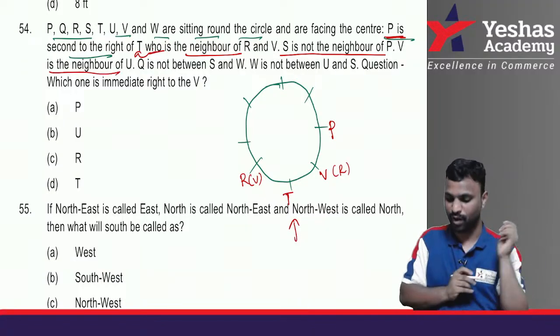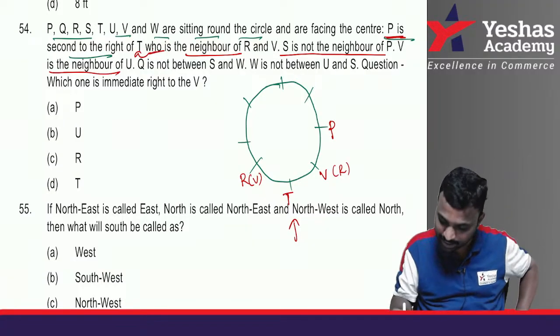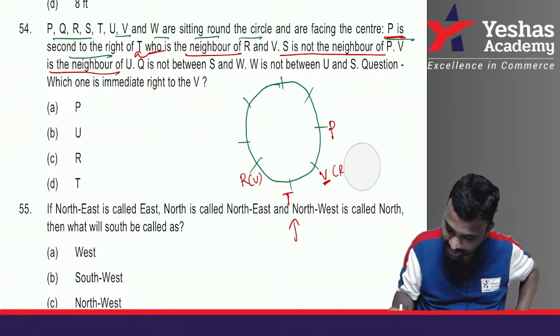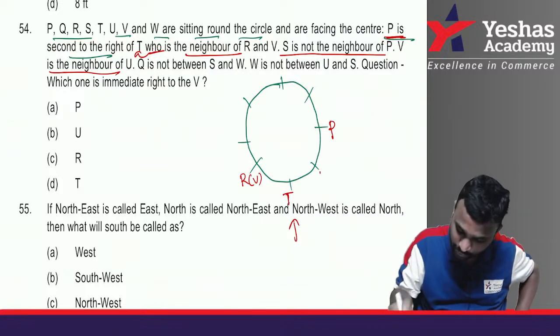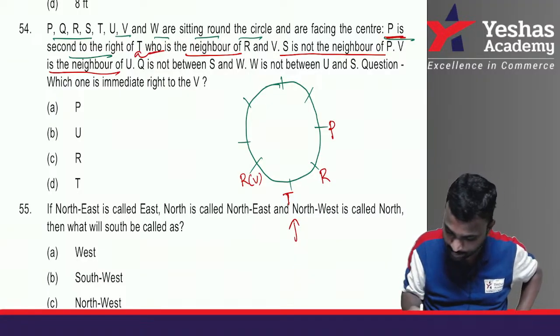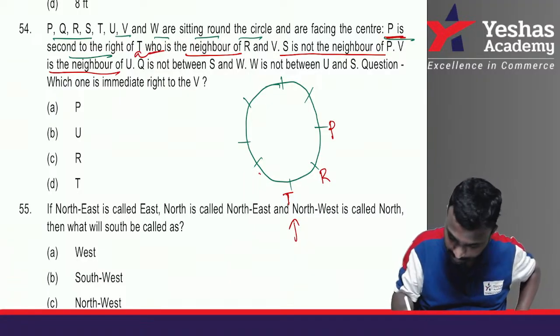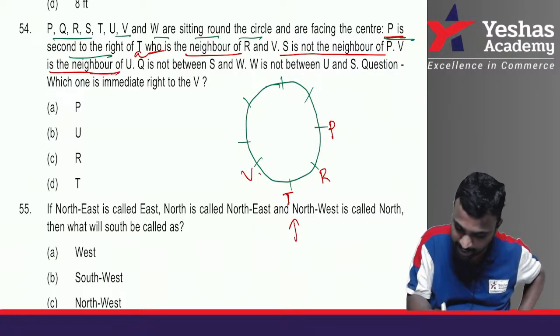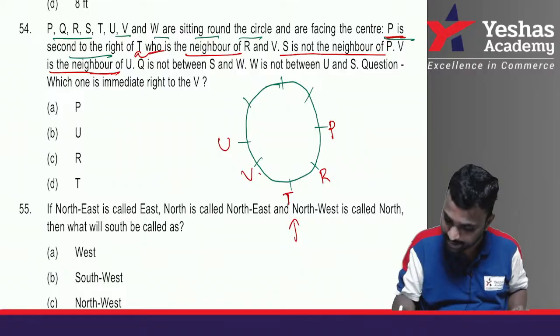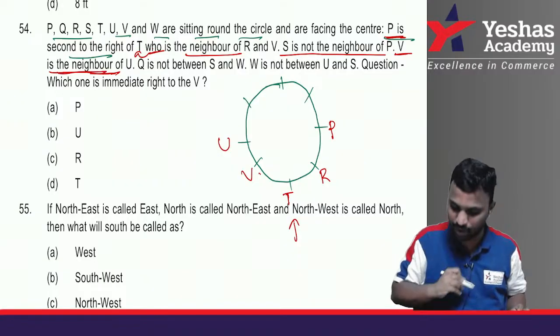V is the neighbor of U. If I mark V here, V's neighbors will be T and P, so V's position cannot be here. Therefore, V should be on the left of T, and R should be on the right of T. So here should be V, because the neighbor of V is U. So U will be seated over here, because they clearly said V is the neighbor of U.